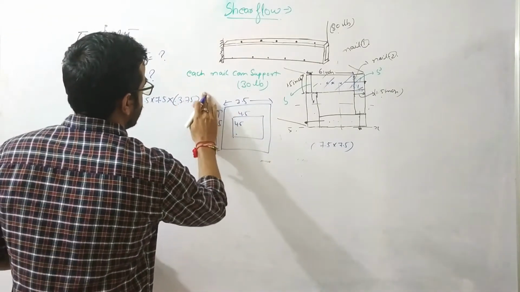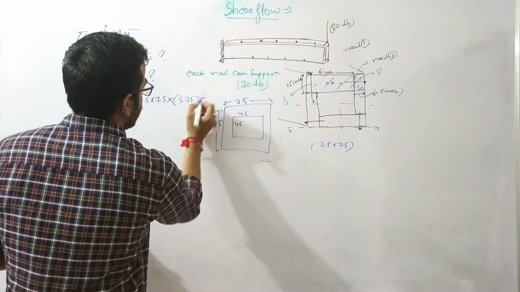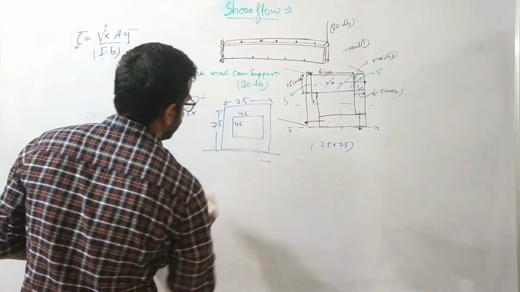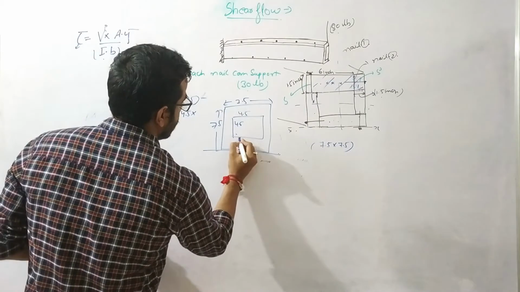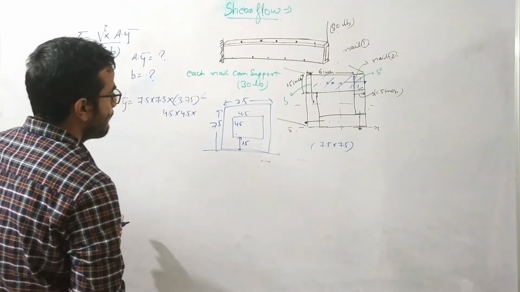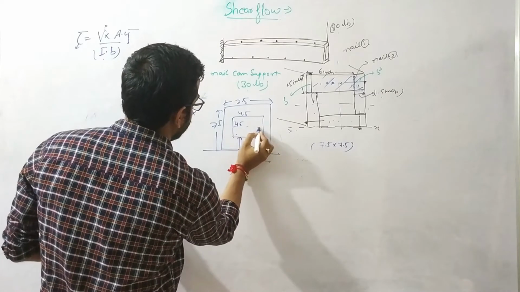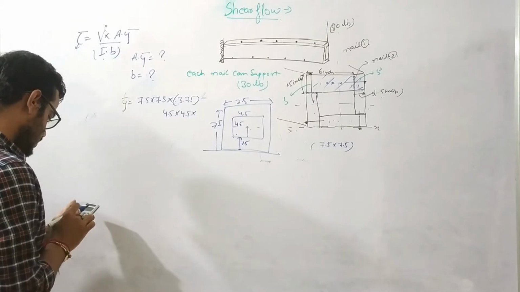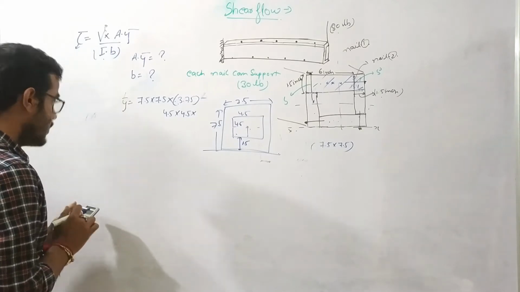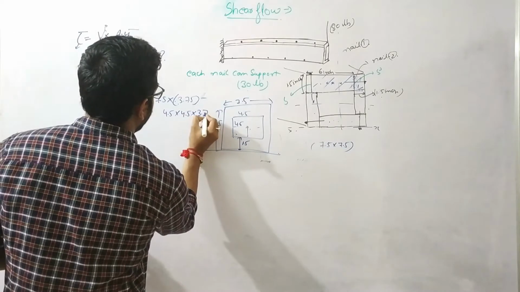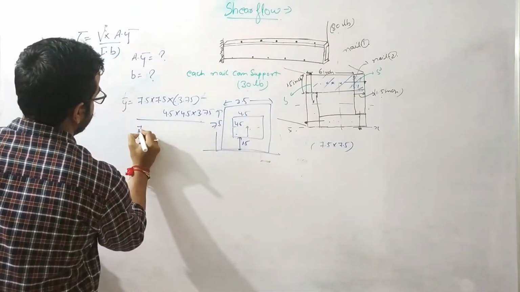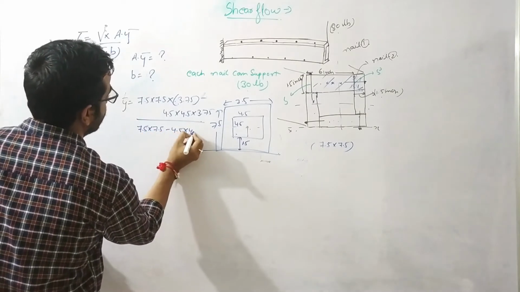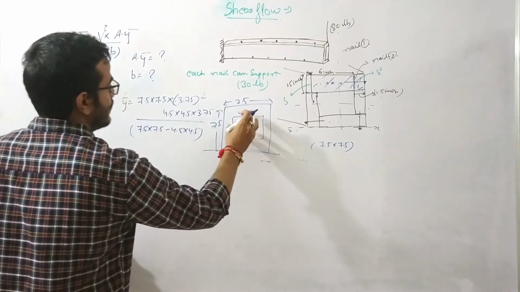Plus, it should be negative because we are subtracting this area: negative 4.5 into 4.5, and the centroid of this portion is 4.5 divided by 2 plus 1.5. And the total area will be 7.5 into 7.5 minus 4.5 into 4.5. I have taken the minus sign because this area is not there.